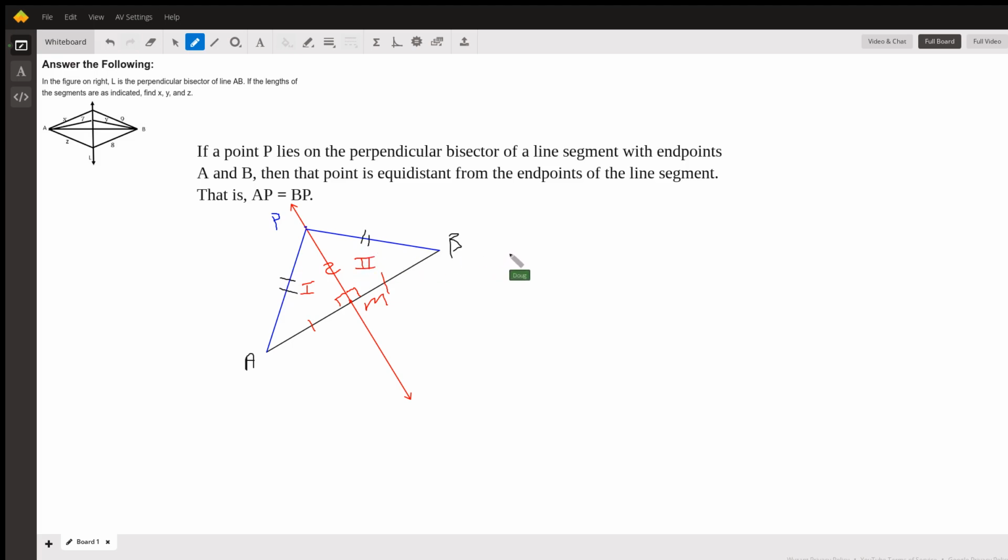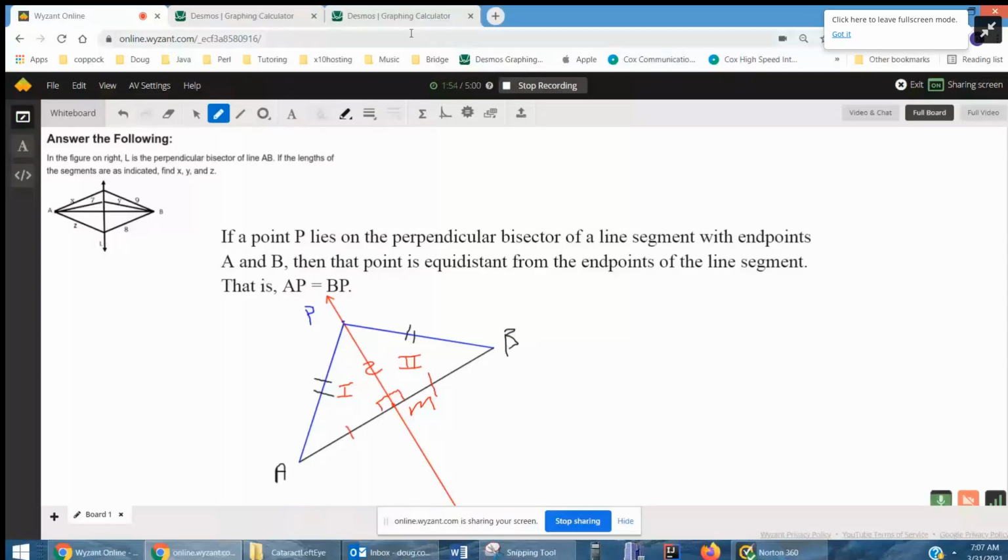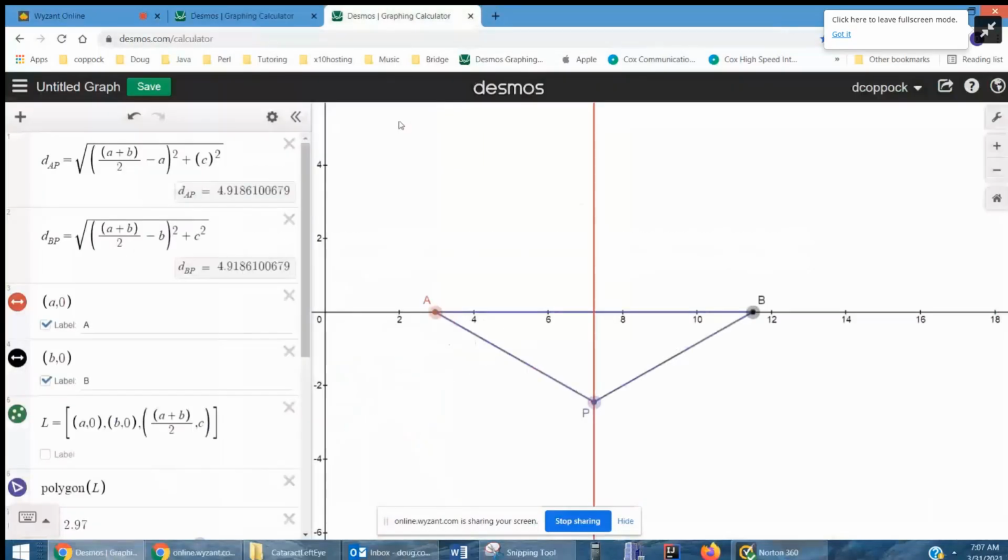Now the demo that I'm about to give you on Desmos has the segment as a horizontal line segment, AB, but focus on these distances from AB to AP.